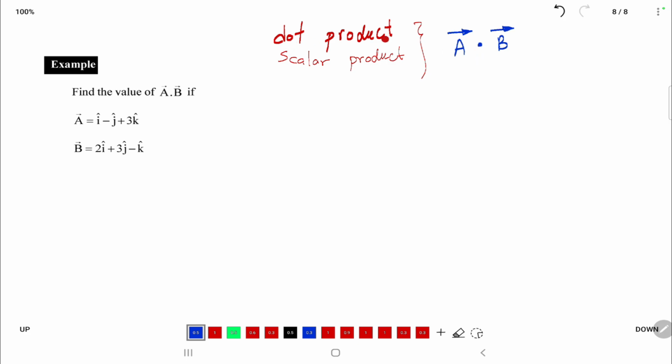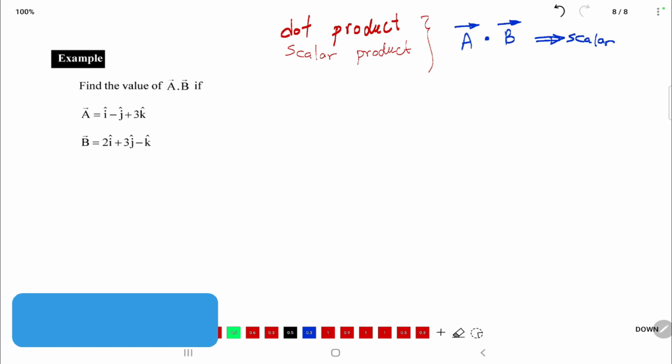That's why it is a dot product. From the dot product, the result is a scalar. So this is a vector, but the dot product like this results in a scalar. That's why we call it scalar product.